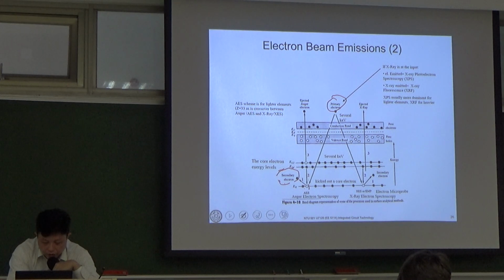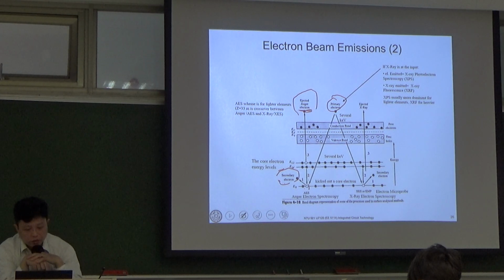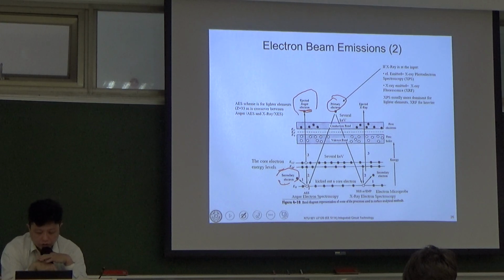Once they recombine with this hole, they release energy. That energy will provide another electron at a higher level, maybe this L2 level, to come out. So this is the 1, 2, 3 process. Then we observe this ejected Auger electron. That's what we call AES.